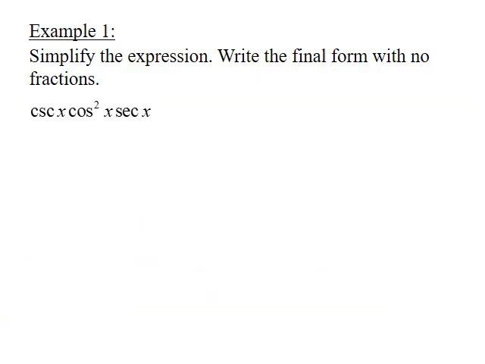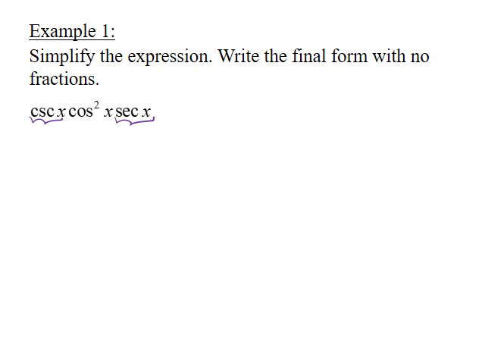Here is our first example, and it says to simplify the expression. And once it's simplified, the final form should not have any fractions. So generally speaking, it's often best to rewrite these identities using their reciprocal identity.